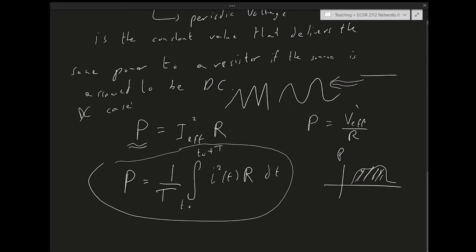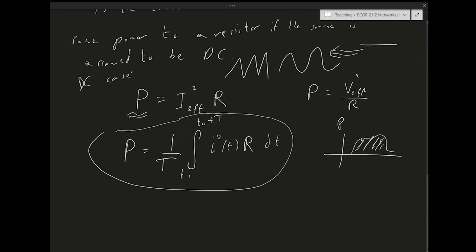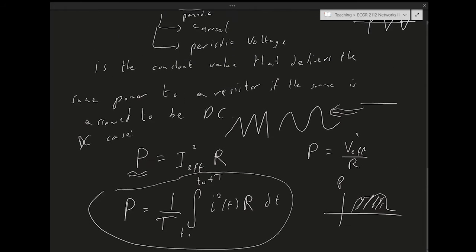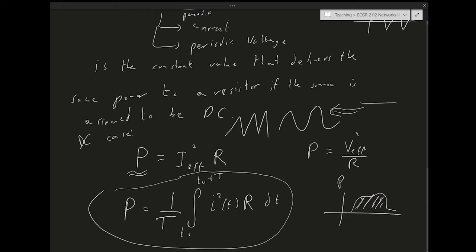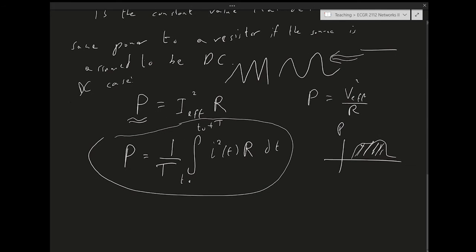Right, so this is the average power, and this lets me easily derive the effective value of I. This also repeats easily with respect to V. The V effective will be essentially the same formula. So I can rewrite this. P equals, I can take R out. R is constant, so I can always take it out of the integral. So I end up with P equals 1 over T, integral from T0 to T0 plus T of i squared of t dt, times R. I took R out of the integral.